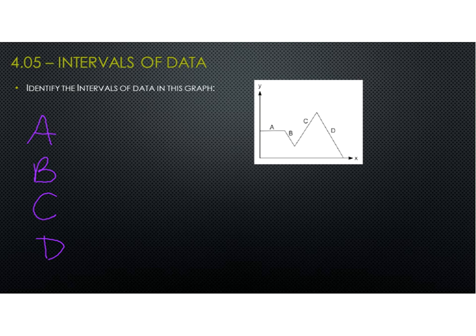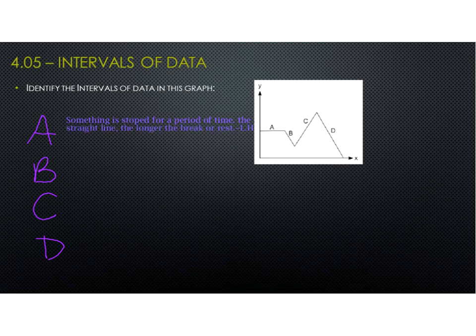Okay, would any of you like to type the answer in your chat box? Okay, so Nakaya, I want you to type B in the chat box. So Nakaya, look at letter B, type in the chat box what type of interval it is.